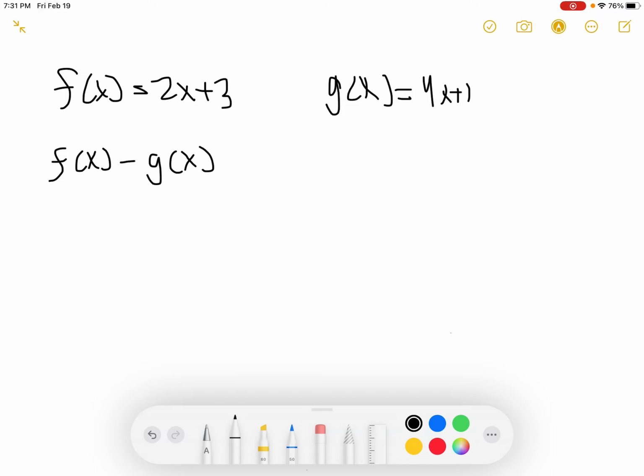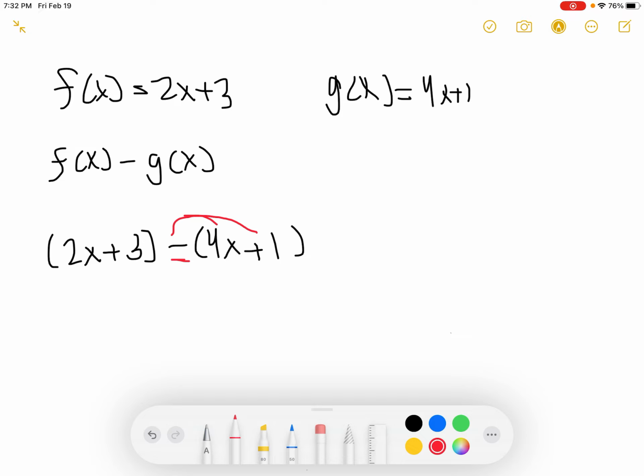So we still substitute in the values. So that would be 2x plus 3 minus 4x plus 1. Now, whenever there is a negative beside a parenthesis like that, you're going to need to distribute it.